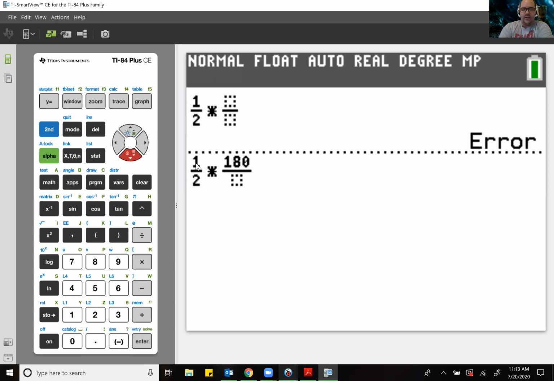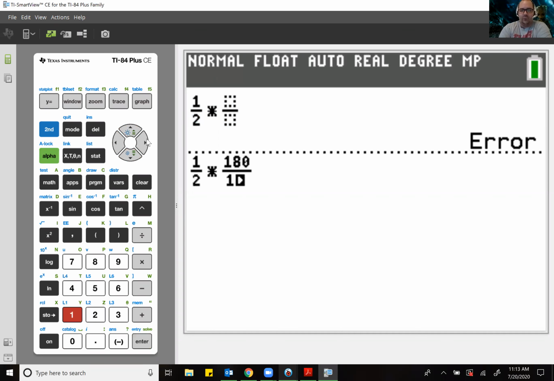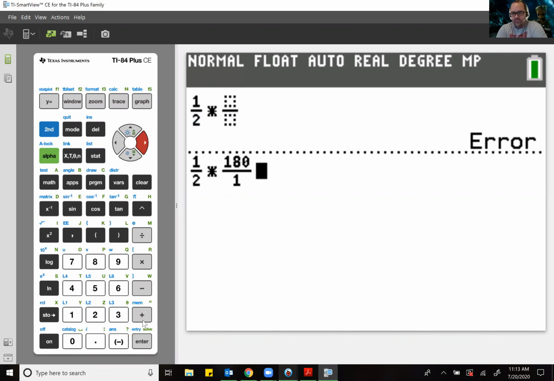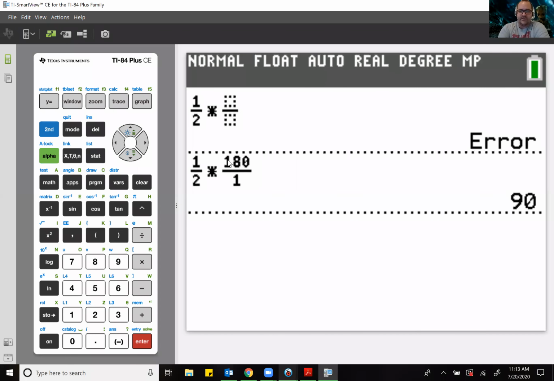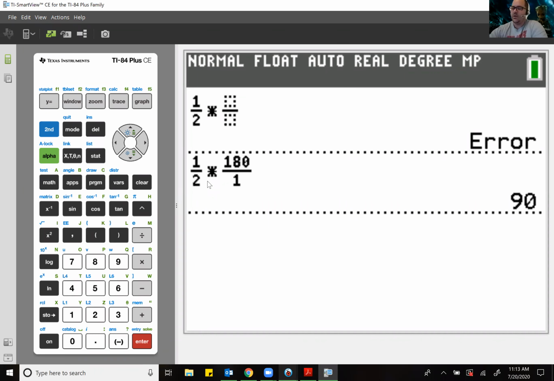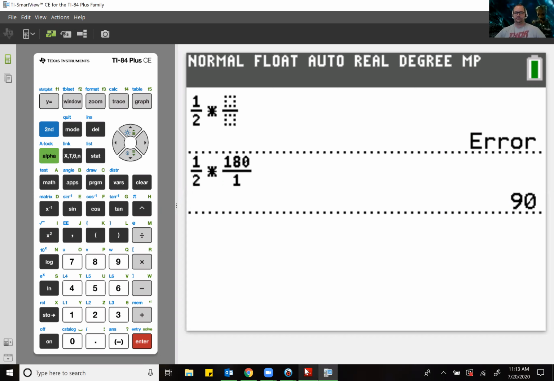Where the 1's are, that used to be where the pi was. So this is pi over 2 times 180 over pi. You can ignore the pi's because they're just going to cancel each other out. And then there you go. In other words, it's 180 divided by 2. So our answer, pi over 2, is really 90 degrees. And there you go. Moving on.